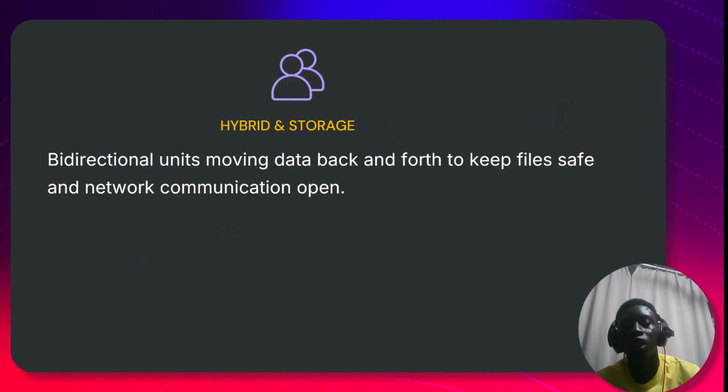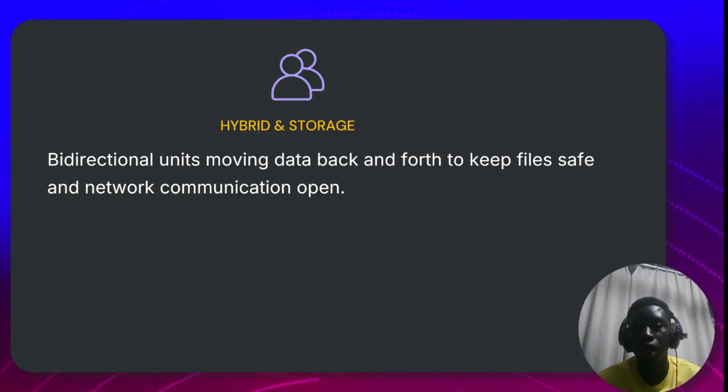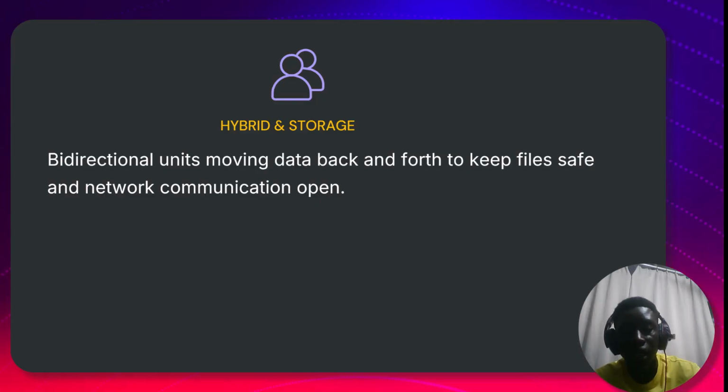So let's go to the hybrid and the storage, which is the last classification. They are bidirectional units moving data back and forth to keep files safe and network communication open. Also, they can help you store large amounts of data which can be retrieved later.